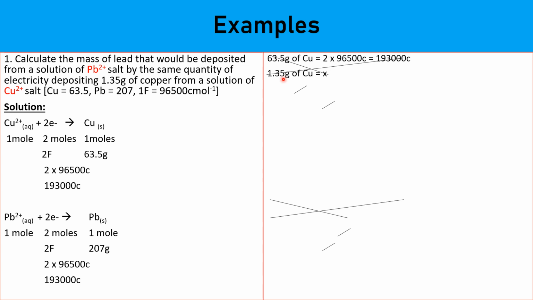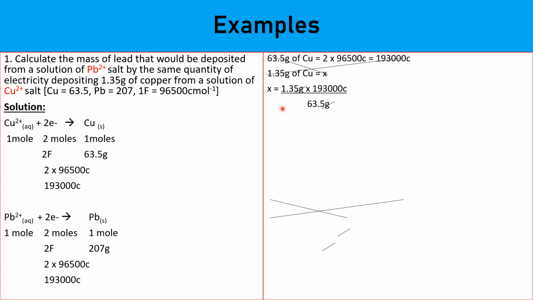So they are inversely proportional to each other. So we can then apply cross multiplication to get the value of X, and that will be 1.35 gram times 193,000 coulomb divided by 63.5.